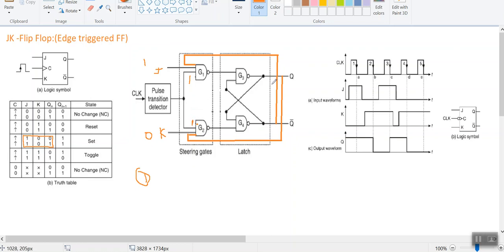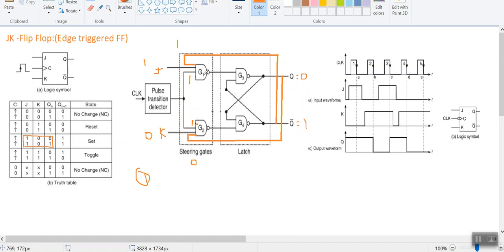Now I considered Q equal to 0. When Q is equal to 0, my Q bar is equal to 1. Therefore this 1 is going in this direction and 1 will come here, and this 0 is coming in this direction, therefore this 0 will come here.